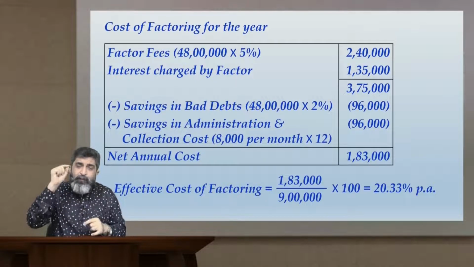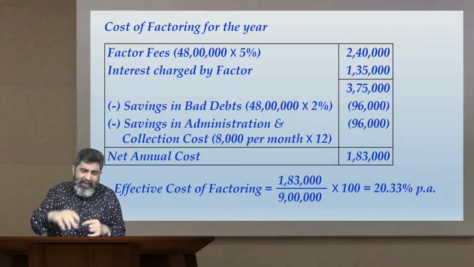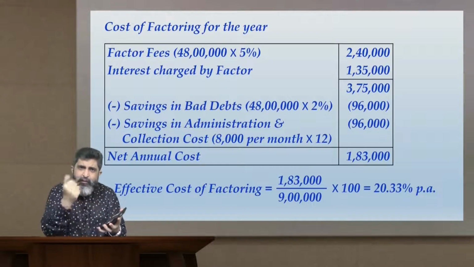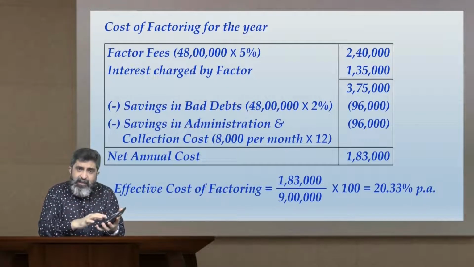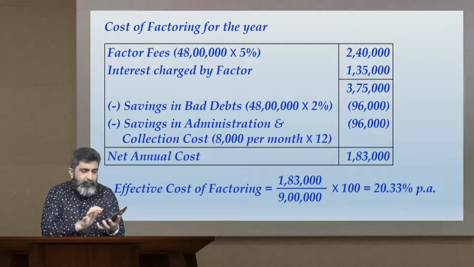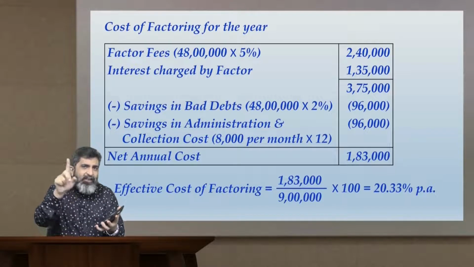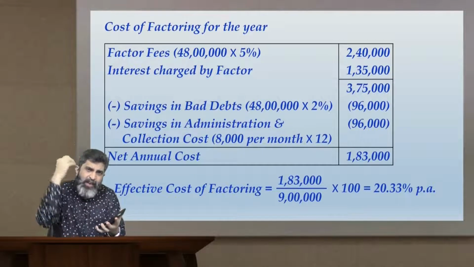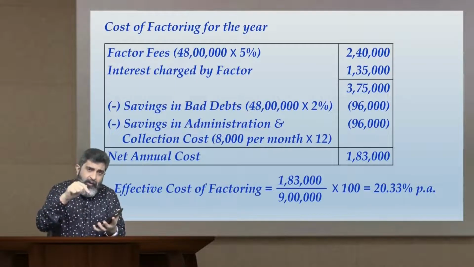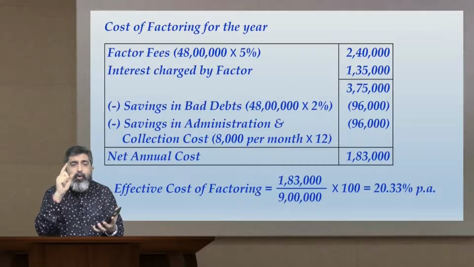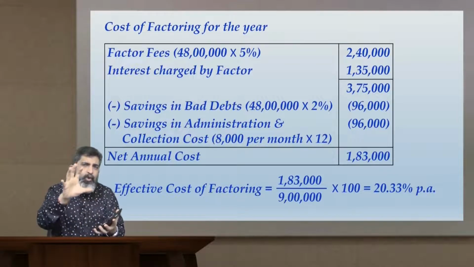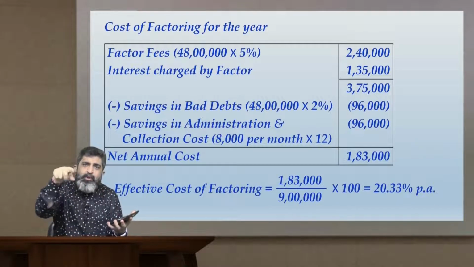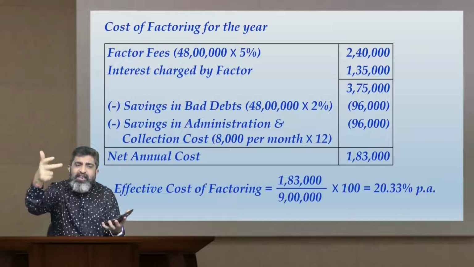If we have to calculate the interest for the entire year, you would take 9 lakhs as the amount of advance, which you cannot multiply by 4. This into 15% gives you 1,35,000 as interest. That 1,35,000 is already the interest for the entire year. However, suppose you wanted to calculate interest only for one cycle, then how do you compute interest for 3 months? It will be amount advanced into rate of interest into time, that is 3 by 12.